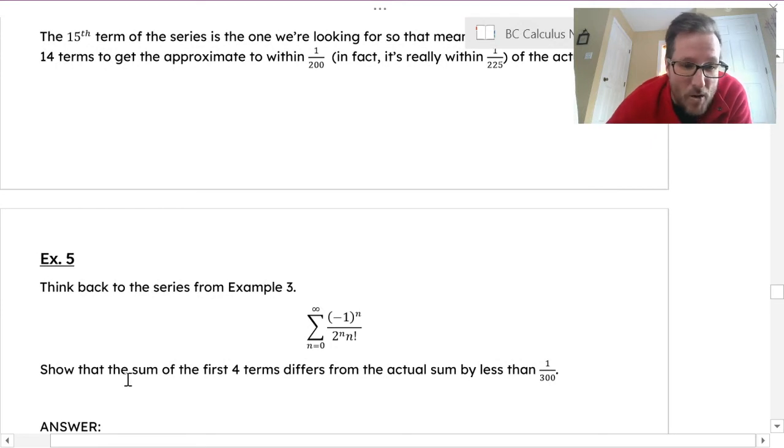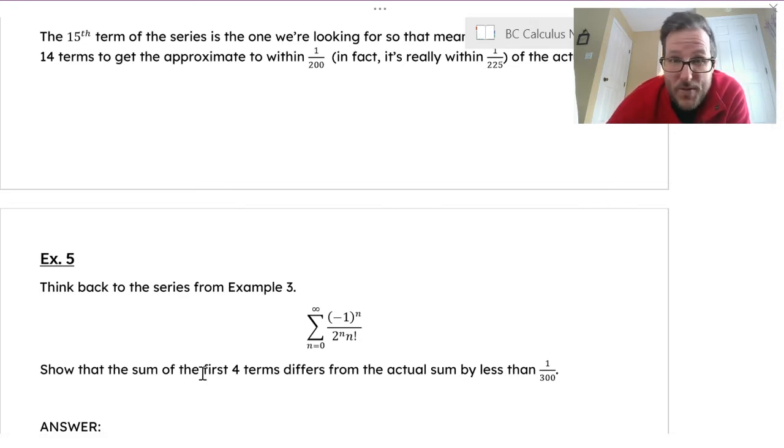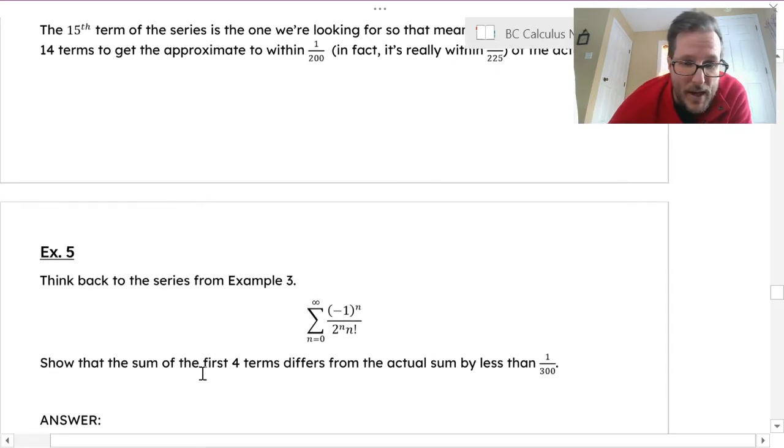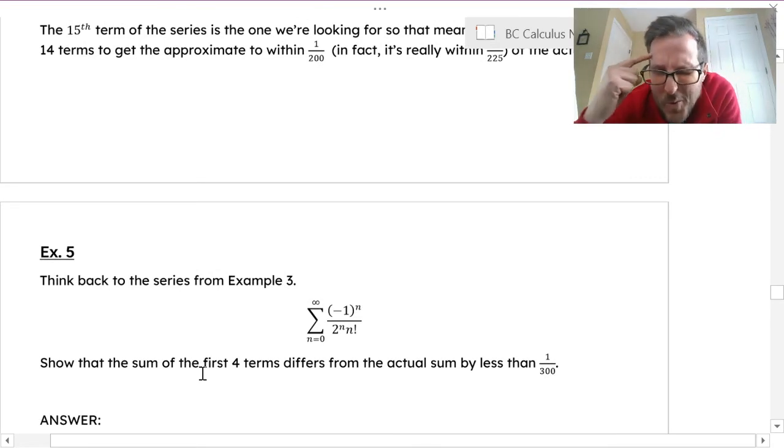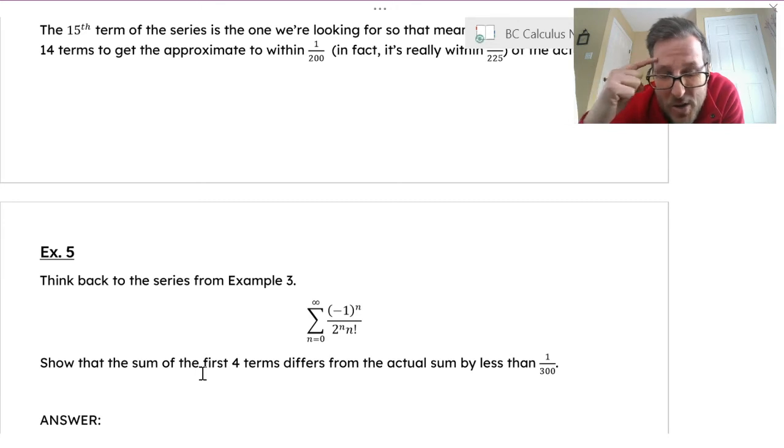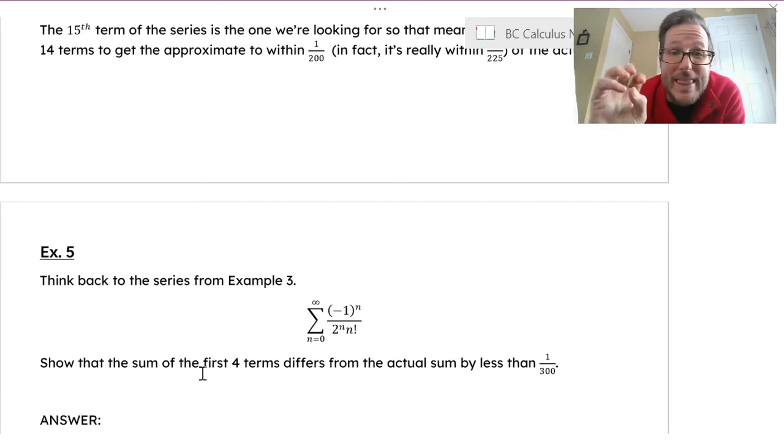Now, we want to show that the first 4 terms of this series differ from the actual sum by less than 1 over 300. So let's do that. We're going to write out the first 4 terms and then look at the first unused term, because we want the first unused term to be less than 1 over 300.